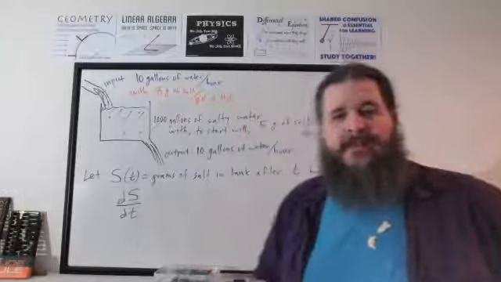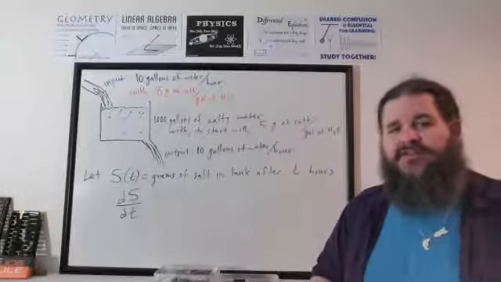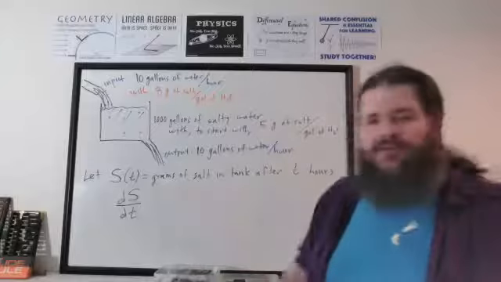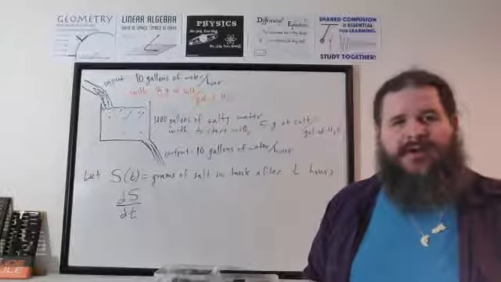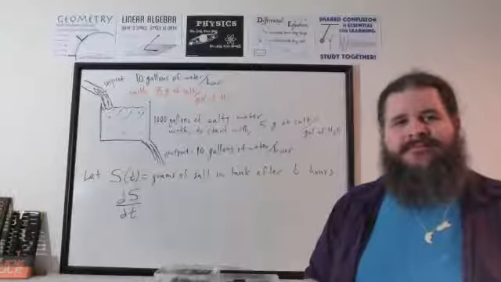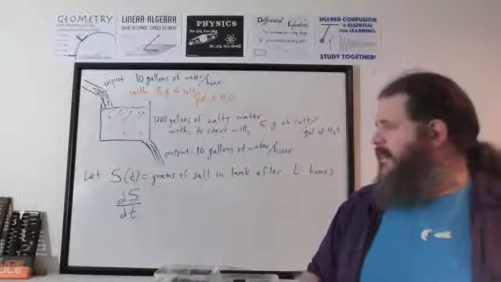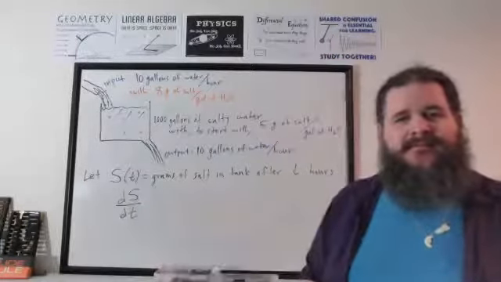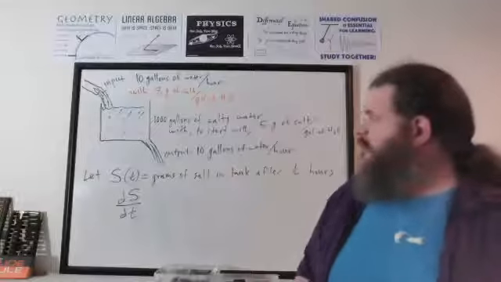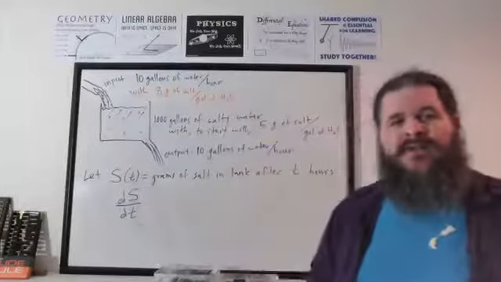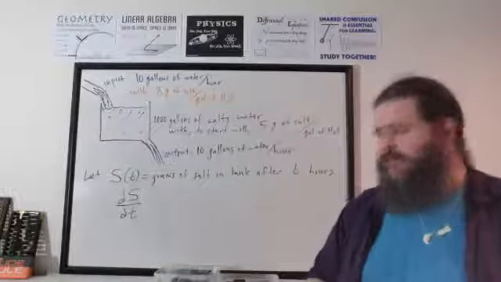And units are good to keep in mind here. Anytime you're dealing with a physical situation, it's good to think of it in terms of units of measurement. S is going to be measured in what unit of measurement, what quantity? Grams. Yeah, S is measured in grams, and t would be measured in hours, presumably. So that means this is going to be measured in grams per hour, specifically grams of salt per hour, if that matters.